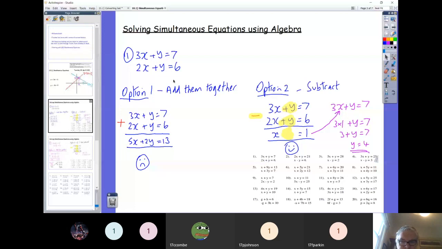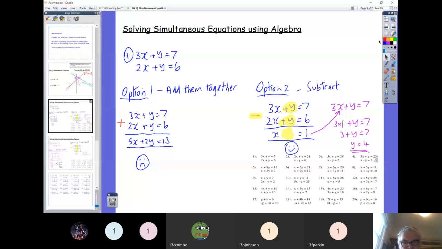So that's question 1. Now another example I want us to do, so we're just going to have a look at question 2. So question 2, we've got 2x plus y equaling 21 and x minus y equaling 6. So as always, you've got two choices. You can either add the equations together or you could subtract them. So let's just kick off by seeing what happens when we add these equations together.